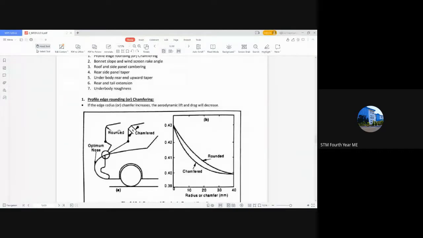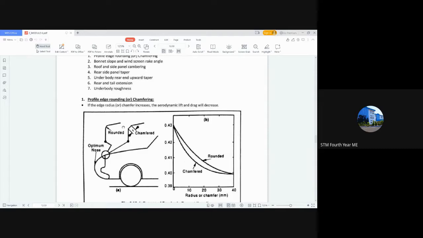We mostly see rounded, but chamfered is also common because the hood has to be opened, and due to that a wedge is provided at this point. A chamfered method is seen more usually than a rounded one, because a pure rounded part is difficult to fit inside a vehicle.